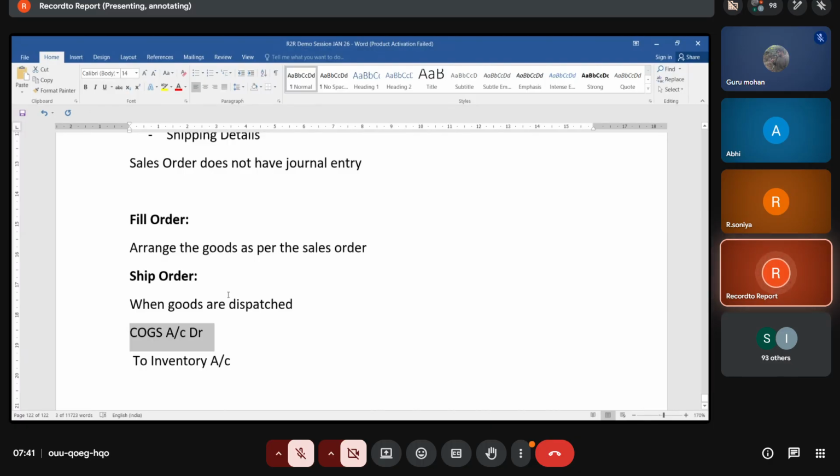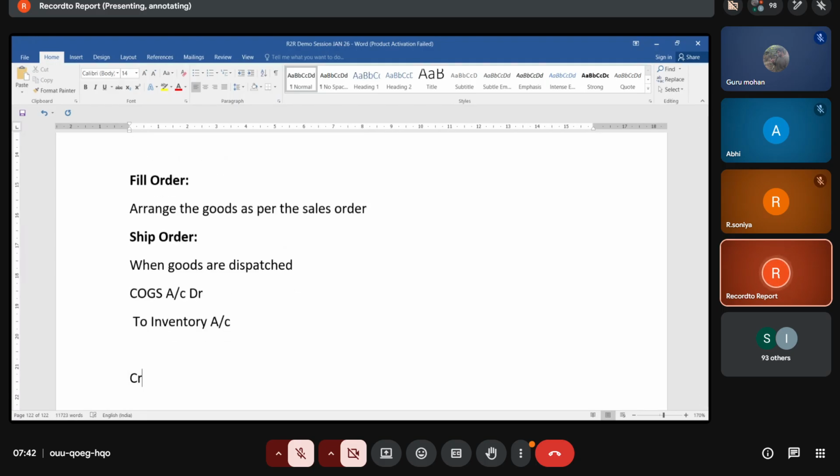You want to know the total profit on a particular sale. We can get the profit of that particular sale from this entry, guys. Cost of goods sold account debit to inventory account, because inventory is moving out of the company and cost of goods sold is an expense to the particular order.